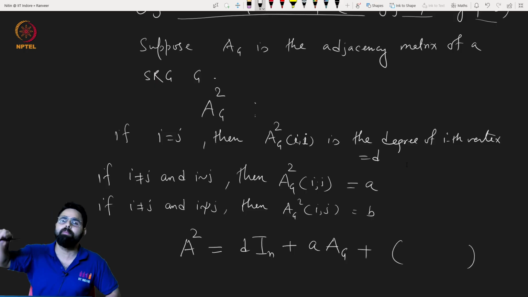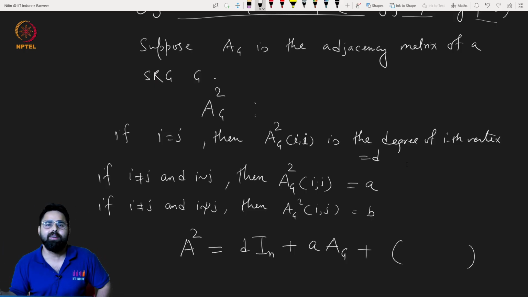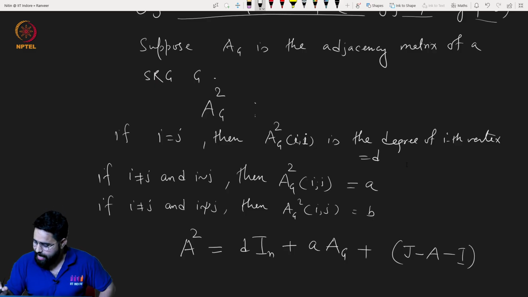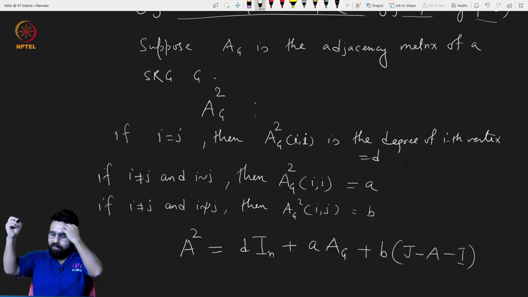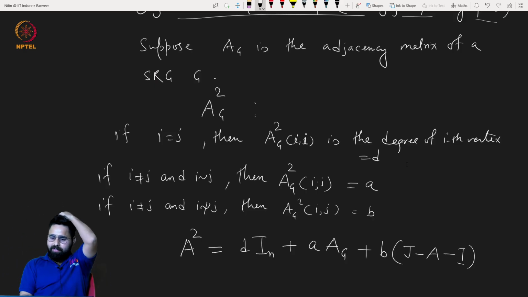Wherever there is 1 I will make 0, where there is 0 I will make 1, but the diagonal entries I have to still remove. So J minus A will do this complement thing, but I have to remove the diagonal entries, and then multiply by b. Now this is given to us from the definition of the adjacency matrix or the definition of a strongly regular graph.